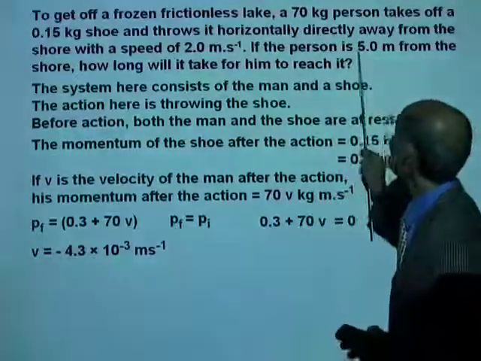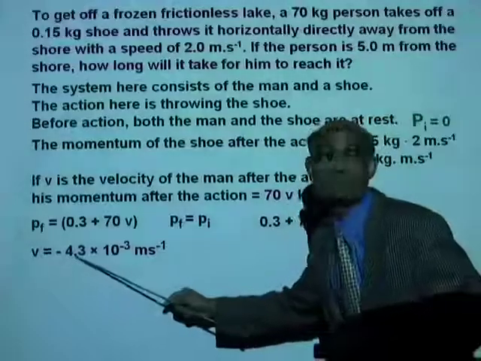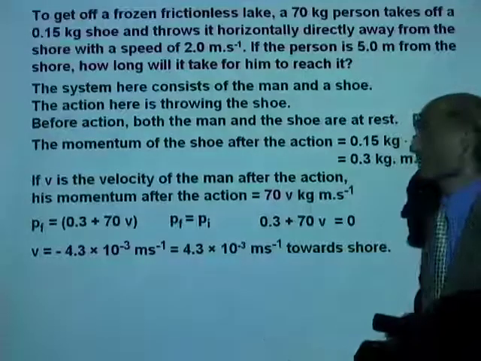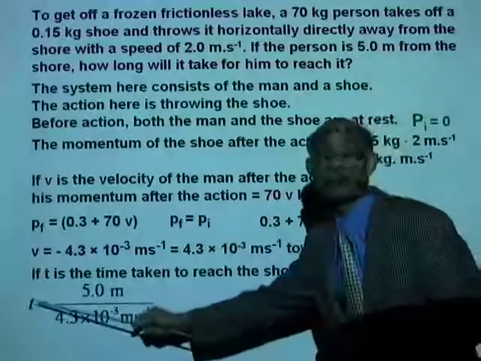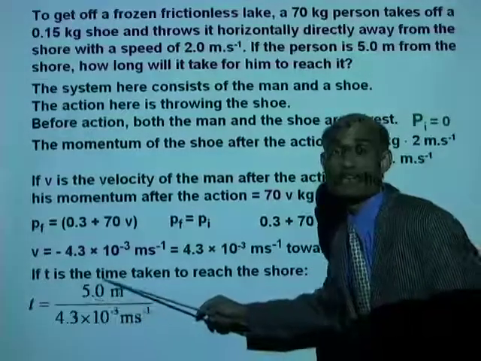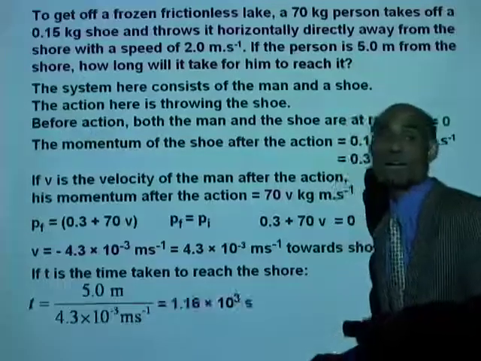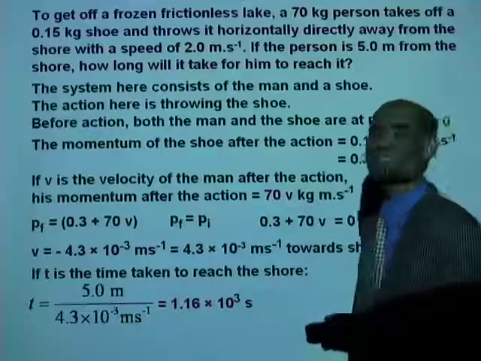Alright, if he has to travel a distance of 5 meters with this pathetic velocity, how long will it take? Well, if t is the time taken, that t will be the distance he needs to travel divided by his speed of motion, and that is 1.16 times 10 to the 3 seconds.